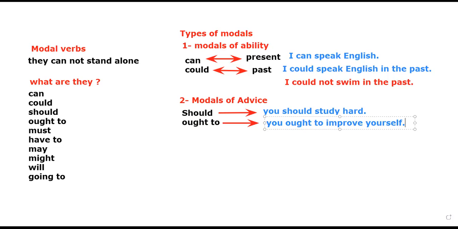You ought to improve yourself. يعني ينبغي عليك أن تحسن من نفسك. Improve yourself. من حيث النصح, ought to is much stronger and more powerful than should. من حيث النصح, ought to أقوى.